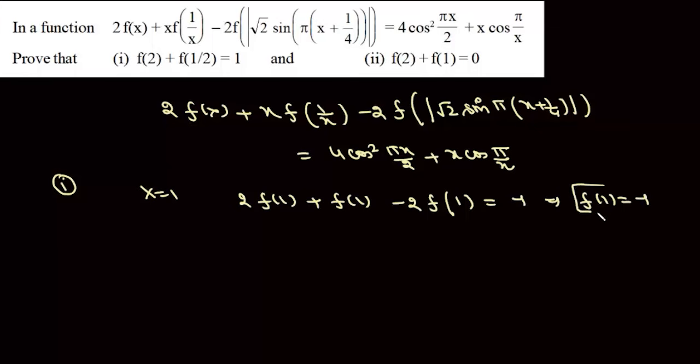So we have the value of f(1). Now we need to find the value of f(2) + f(1/2). For this, what we clearly see is, if we put x as 2, we'll get f(2) + f(1/2).